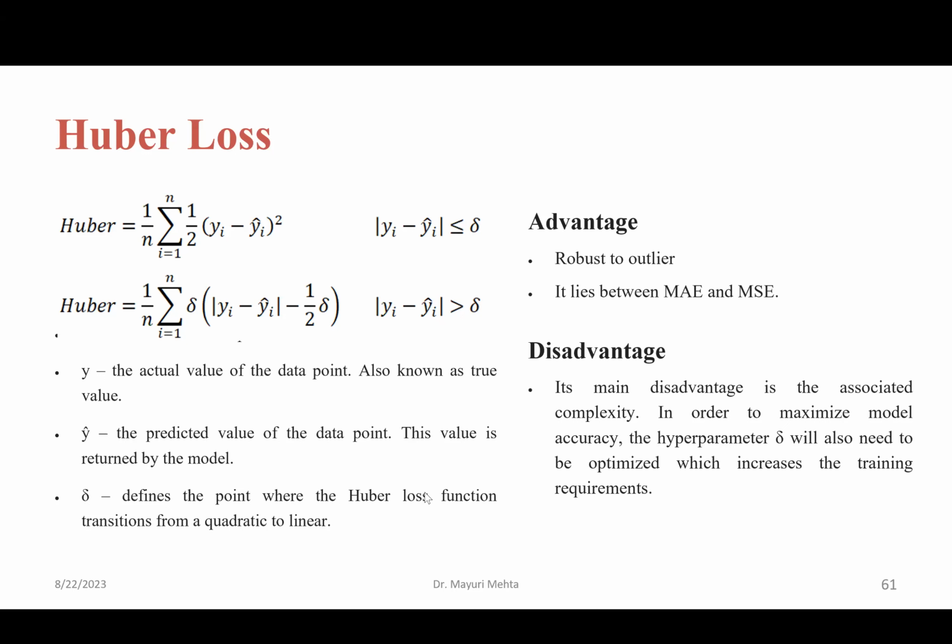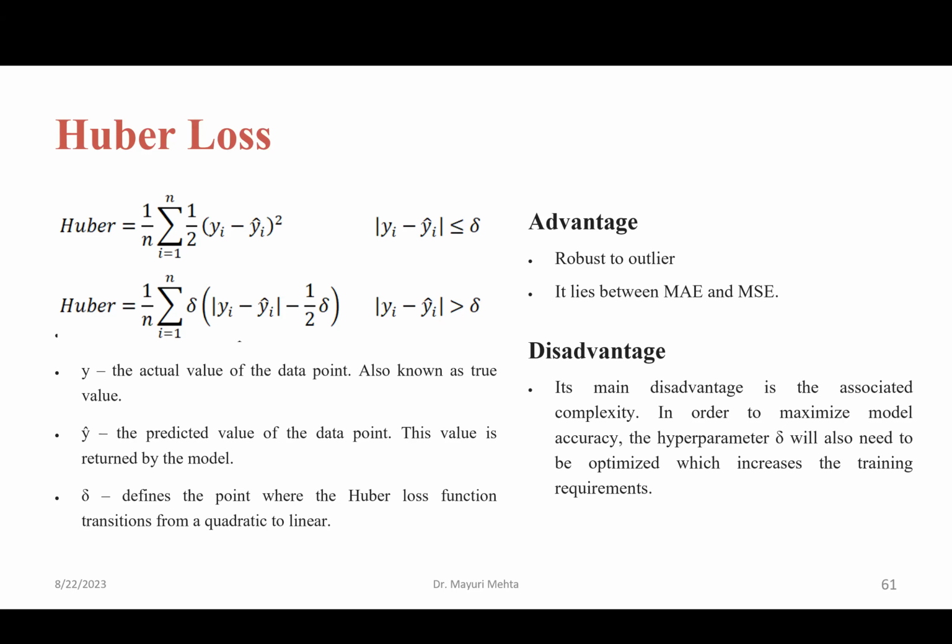Then we have rho, which defines the point where the Huber loss function transitions from quadratic to linear. So these are all the symbols used in this formula. You just need to put in the values, it's very simple.